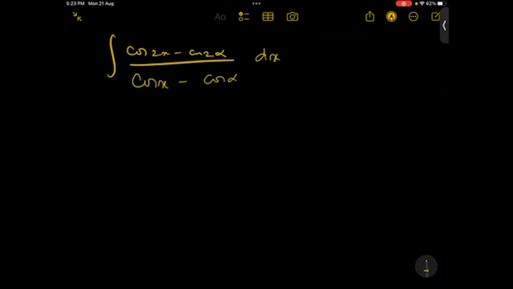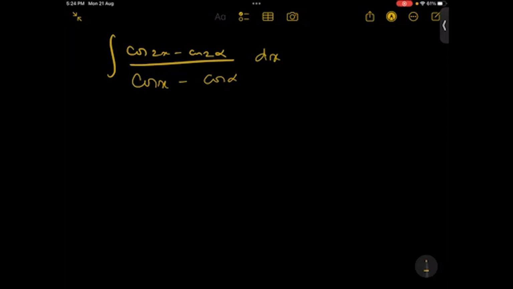Not sure how much you remember. What step you remember first? No need. So can I leave those 2 steps? What did I do? I applied cos c minus cos d. So we got minus 2 sine of (x plus alpha)/2 into sine of (x minus alpha)/2... x plus alpha and x minus alpha.